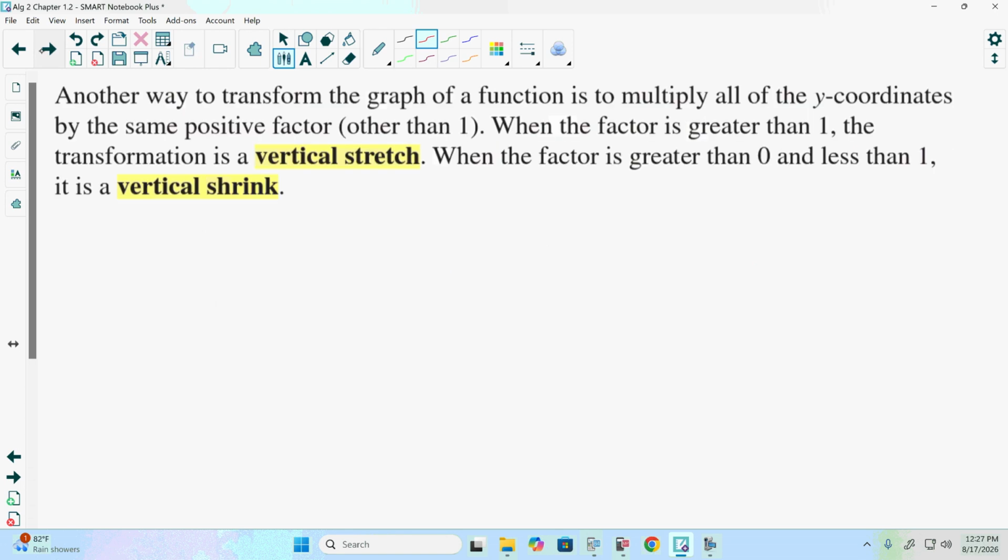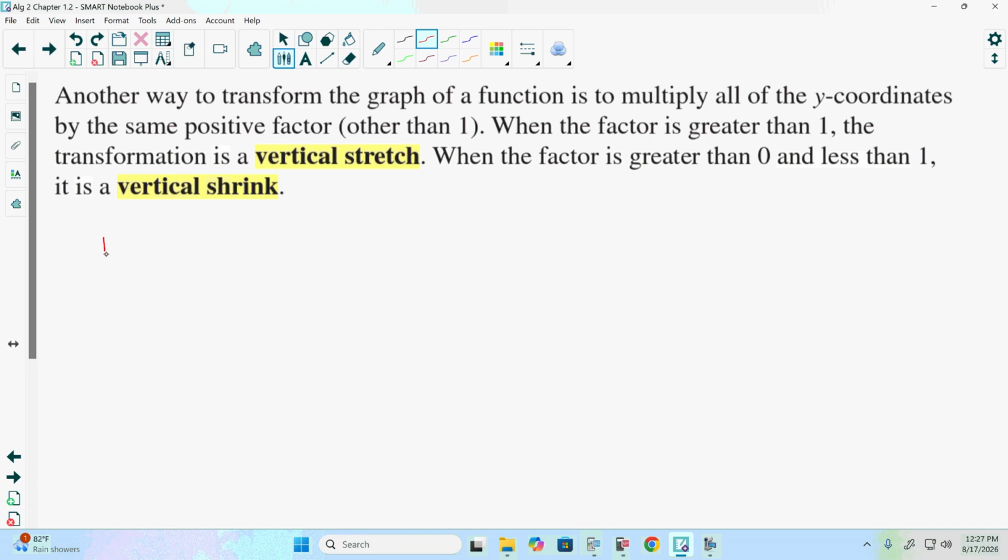But vertical stretch and shrink. If A is greater than 1, it's a vertical stretch. If 0 is less than A is less than 1, it's a vertical shrink.